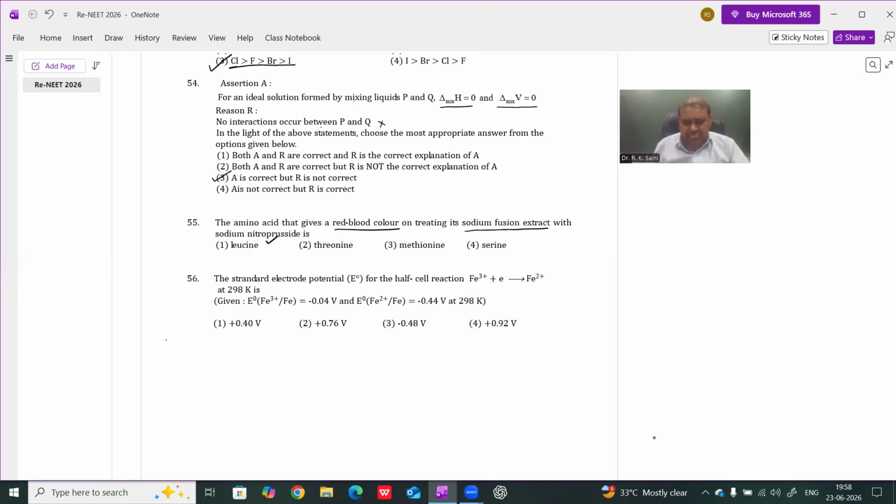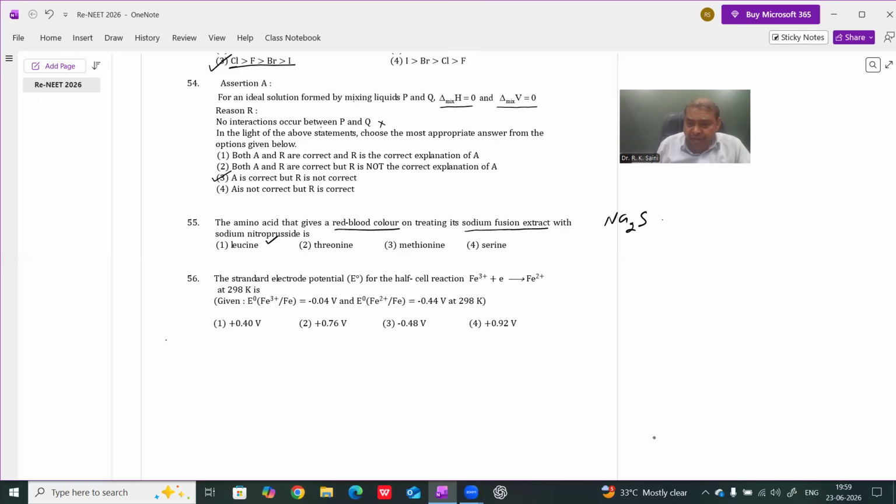Very good question, and this question is taken from the qualitative analysis of elemental analysis of organic compounds. We know that when the sodium extract contains sulfur present in the molecule, then sodium sulfide is formed.